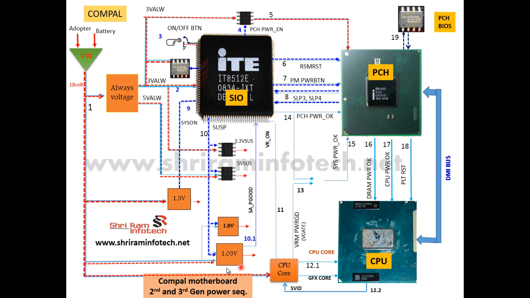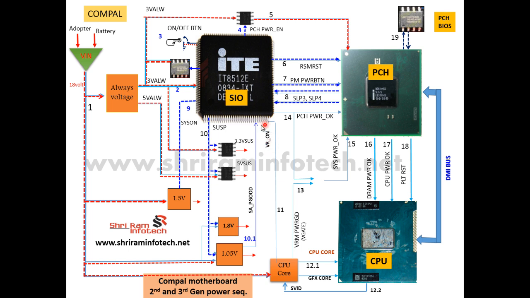Once it generates the 1.05 volt, this 1.05 volt pulse width modulator generates a power good signal, and this power good signal goes to the SIO, and this signal is known as SA power good. SA power good means all the power streams are okay. The SIO will not turn on the power unless it gets this signal.